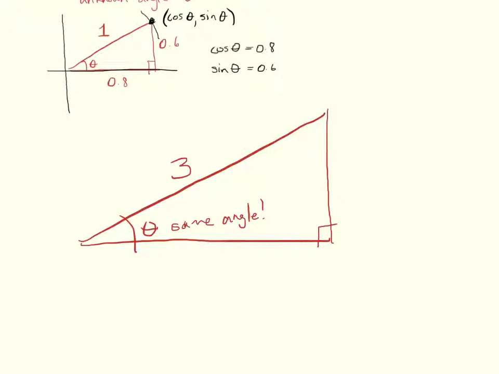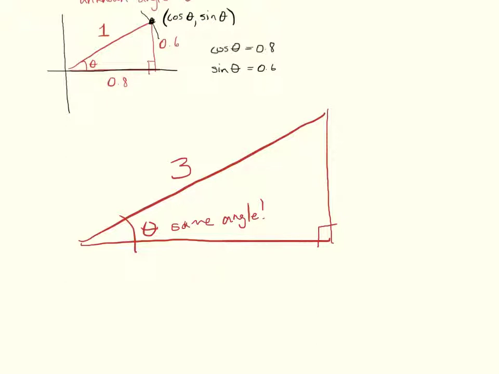Now we know something about similar triangles. For similar triangles, the ratios stay the same. So what does that mean? That means that if I multiply 1 by 3, I also have to multiply 0.8 by 3.